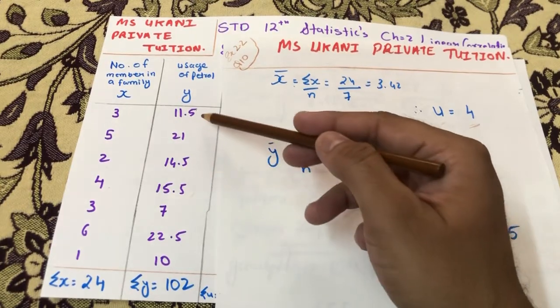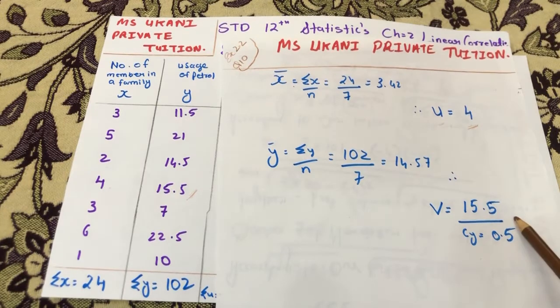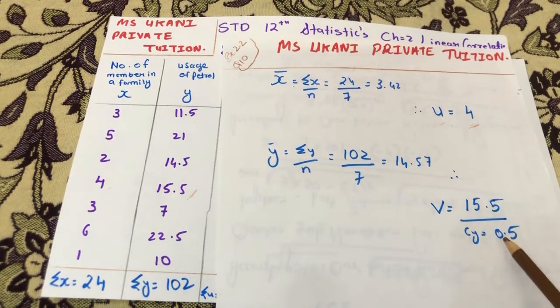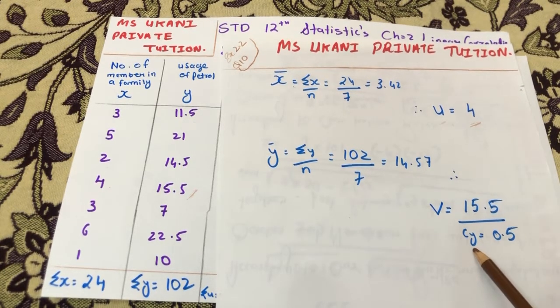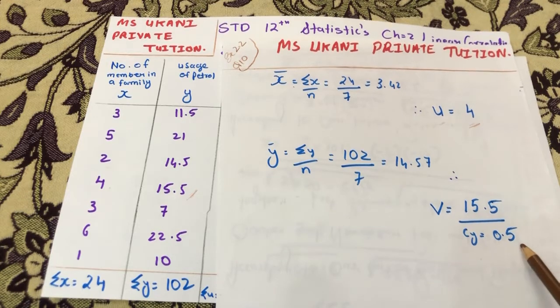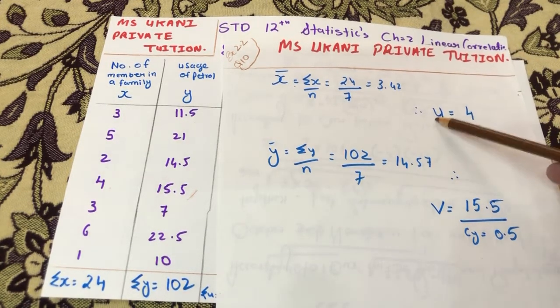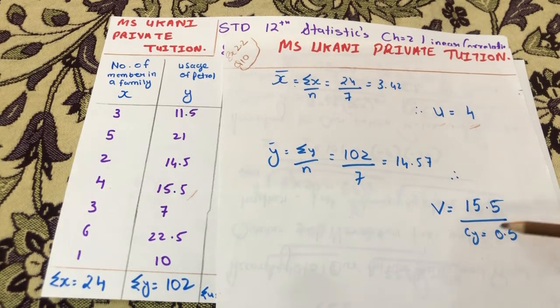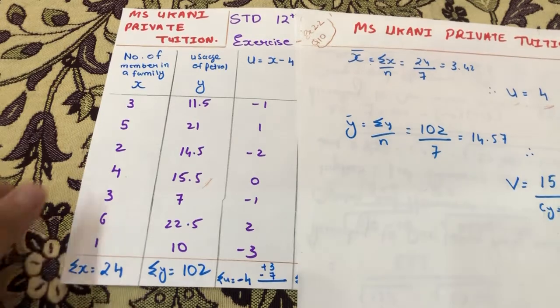Here I have assumed 15.5 as V. And to make the digits smaller and natural numbers, I have taken the class length, that is Cy, equal to 0.5. After deciding U, V and class length, let us move towards the column U.